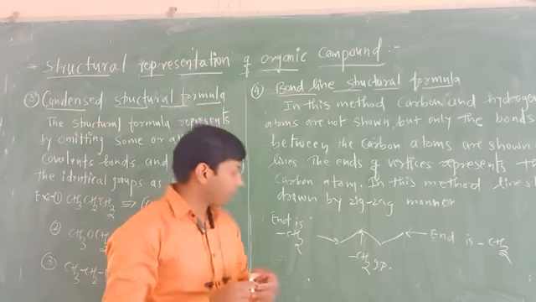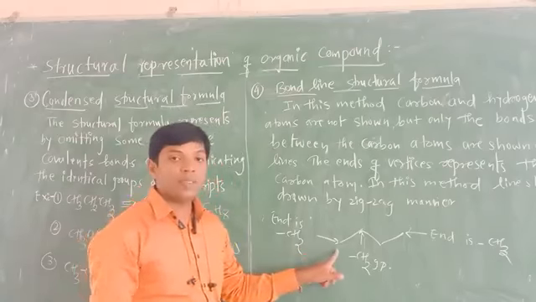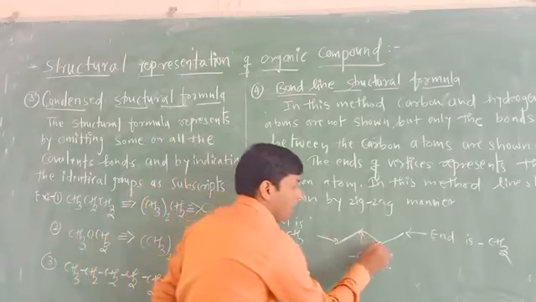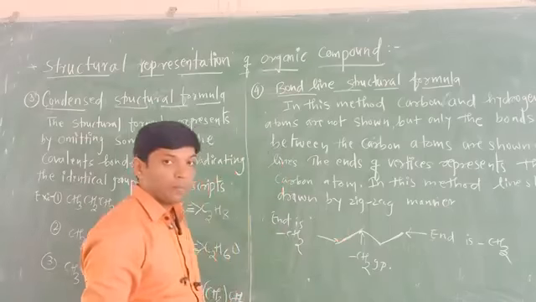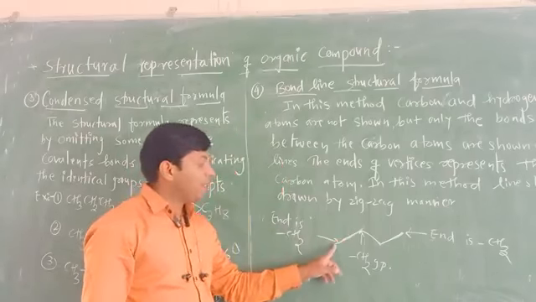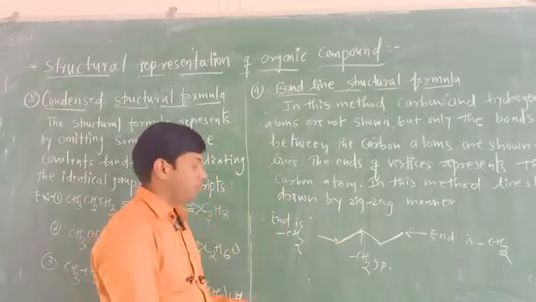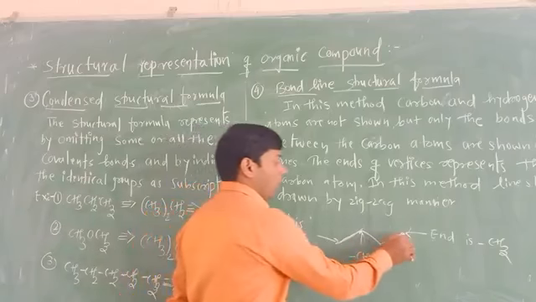For example, I show one zigzag line. Okay, so here I showed a zigzag line. In this particular example, you will find two ends, two terminals there. This one and the last one.